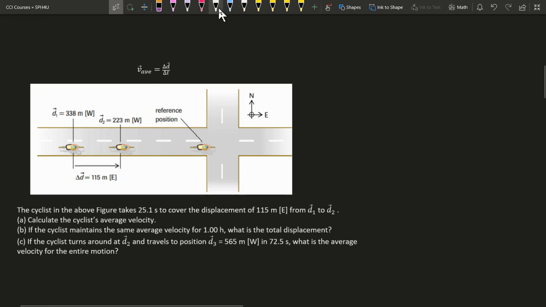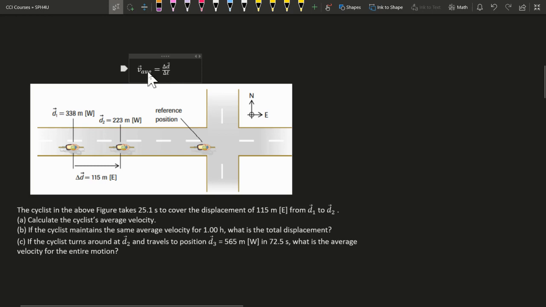You could end up in a different situation, because if you move somewhere and then move back to your original position, you would actually have a change in position of 0. And so you could actually have a velocity of 0, even though you did some kind of movement, okay?